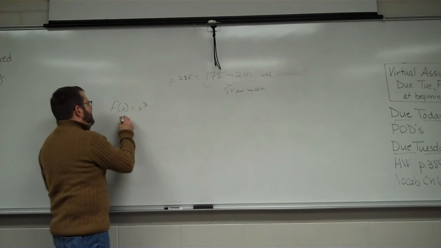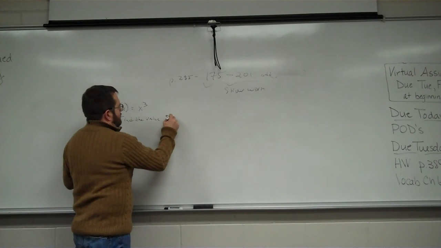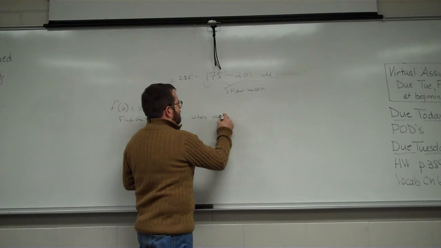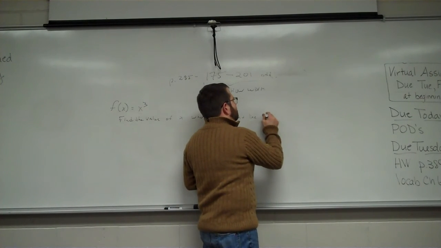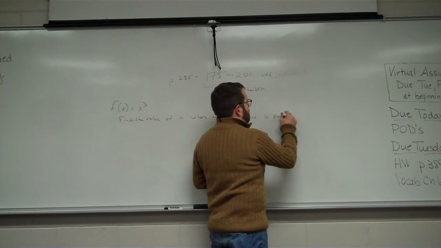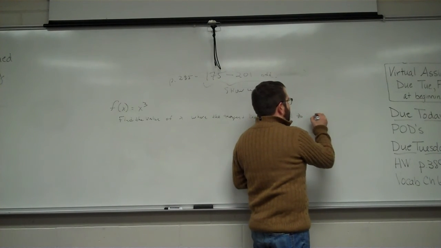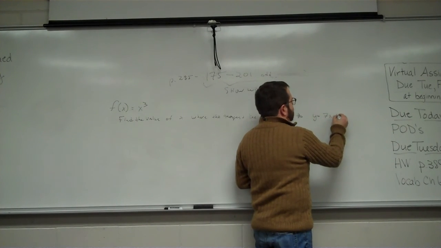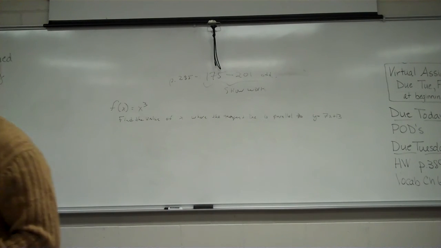And it says find the value of x where the tangent line is parallel to y equals 7x plus 13. Okay, these are obviously not the right numbers, but that's the kind of thing it's asking.